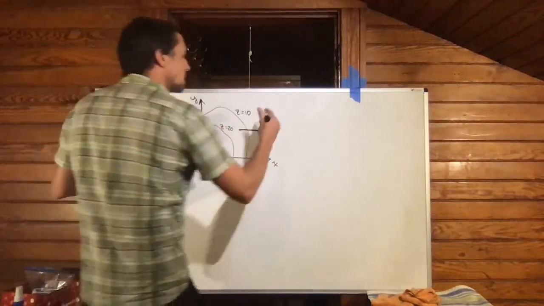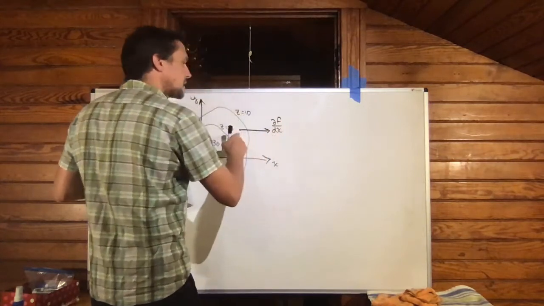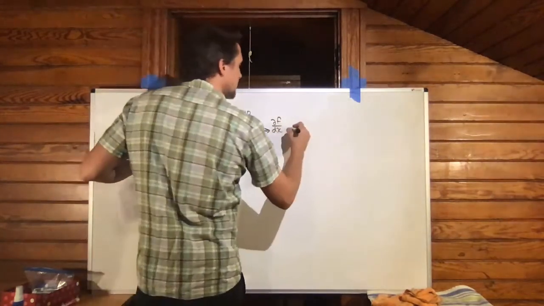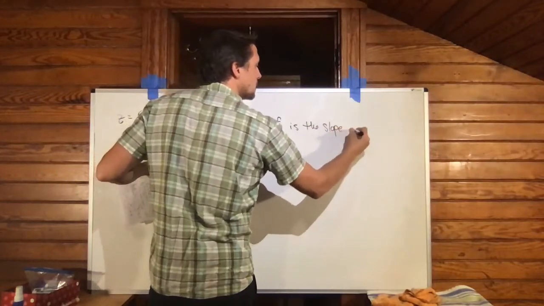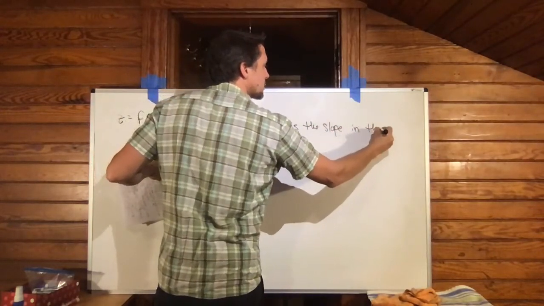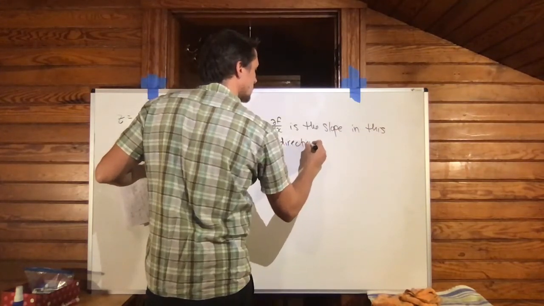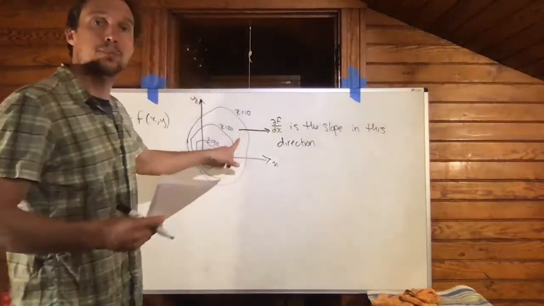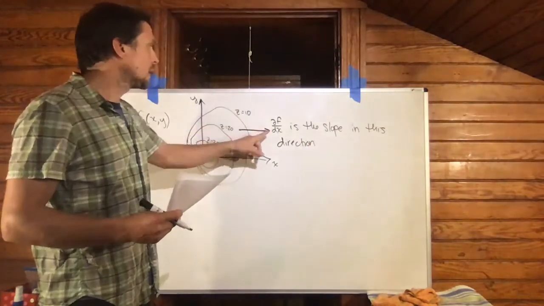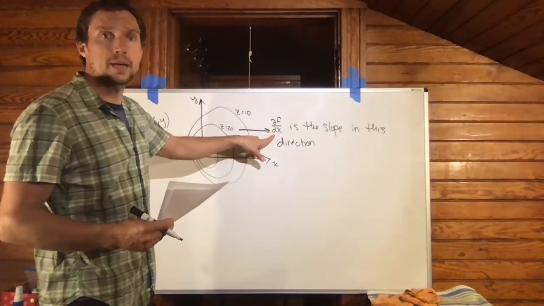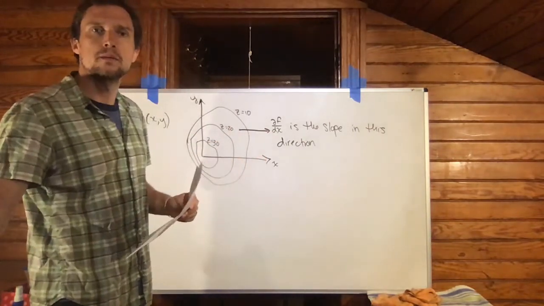Then df/dx at this point is the slope in this direction. So if I'm standing at this point, I'm facing in the y direction, then the partial derivative of f with respect to x at that point is the steepness to my right.